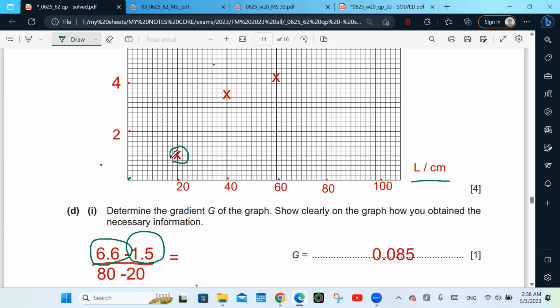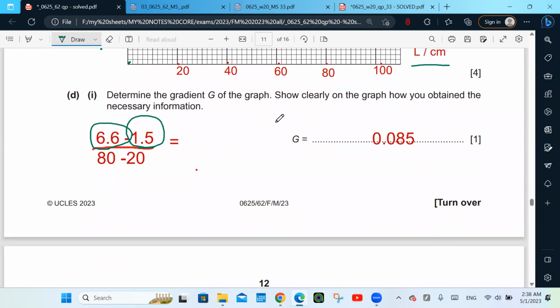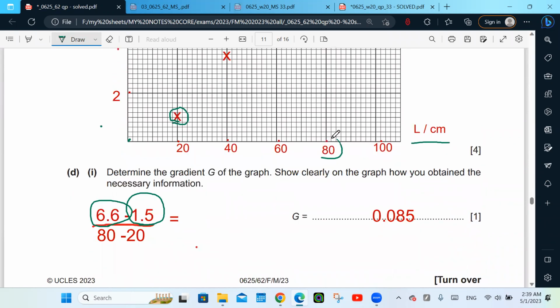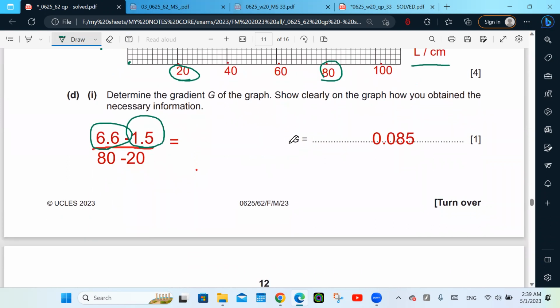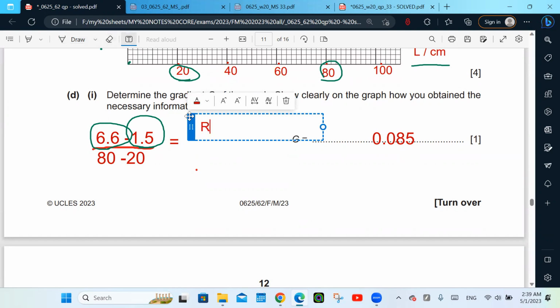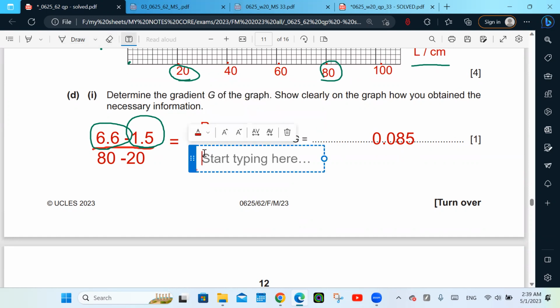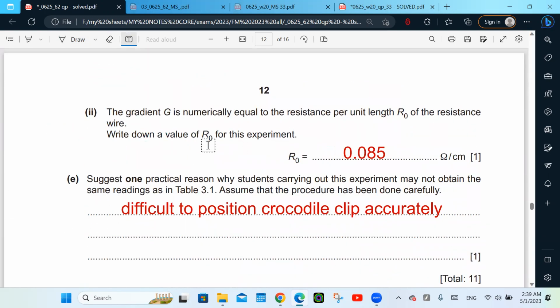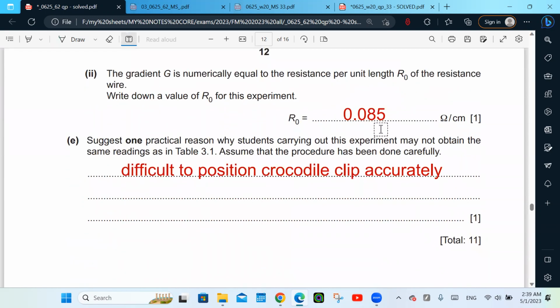So the difference will be over the difference in the x-axis, the 80 and 20. I take this one and this one. So the gradient here numerically represents the difference in R over the difference in L. So the R naught, or the R at the origin of the experiment, or the value which is represented here in this question, R naught, is the same as the gradient.